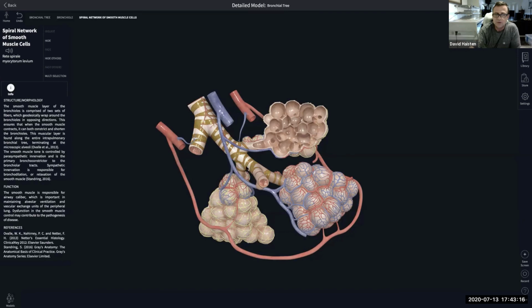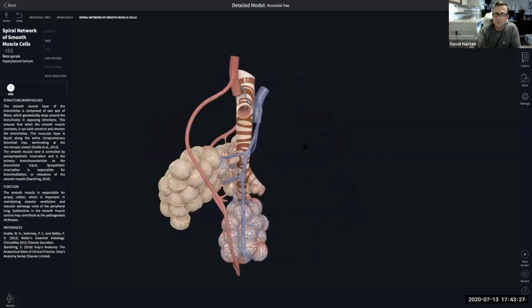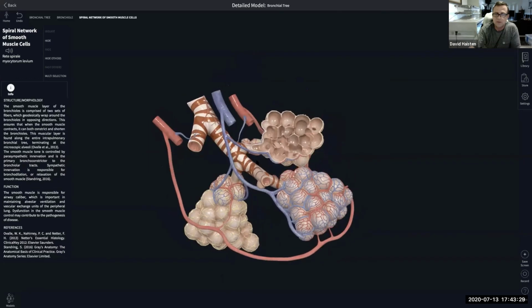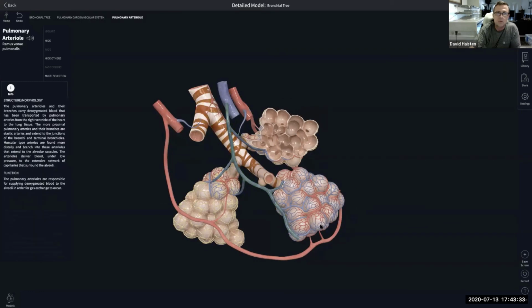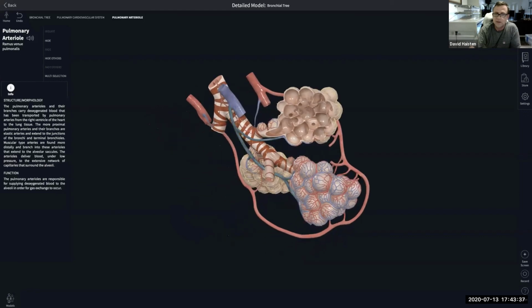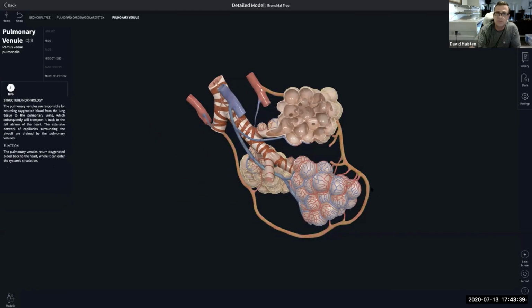So these are terminal bronchioles, and then we're running up into a bronchiole. I'm sorry, respiratory bronchioles, terminal bronchiole. Whatever, don't worry about that so much at the end on this model. Okay, this right here, that is a pulmonary arteriole. And then what's coming off are pulmonary venules.